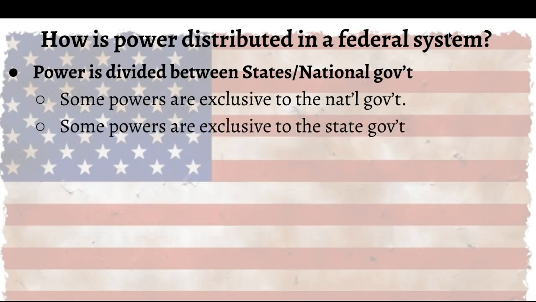Likewise, some powers are exclusive to the state governments. There are certain powers that only the states utilize and have purview over. And then there are what are called concurrent powers, some that are operated by both. And so we're going to be looking at some of these different powers, okay?